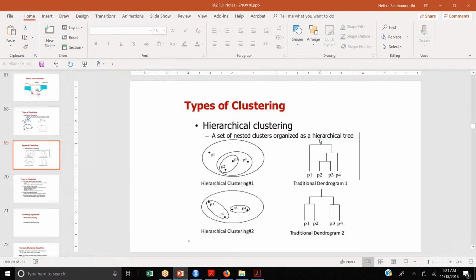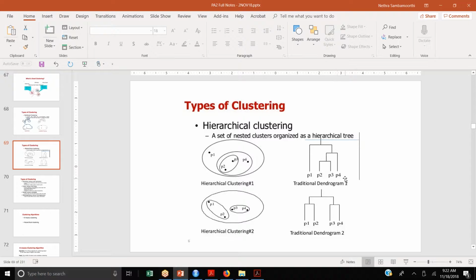Now, the beauty of hierarchical clustering is that you can arrange them in a graphical form like this. See, P2 and P3 are closer, so they are connected at that height. In other words, whatever the distance between them is, that is the height here.